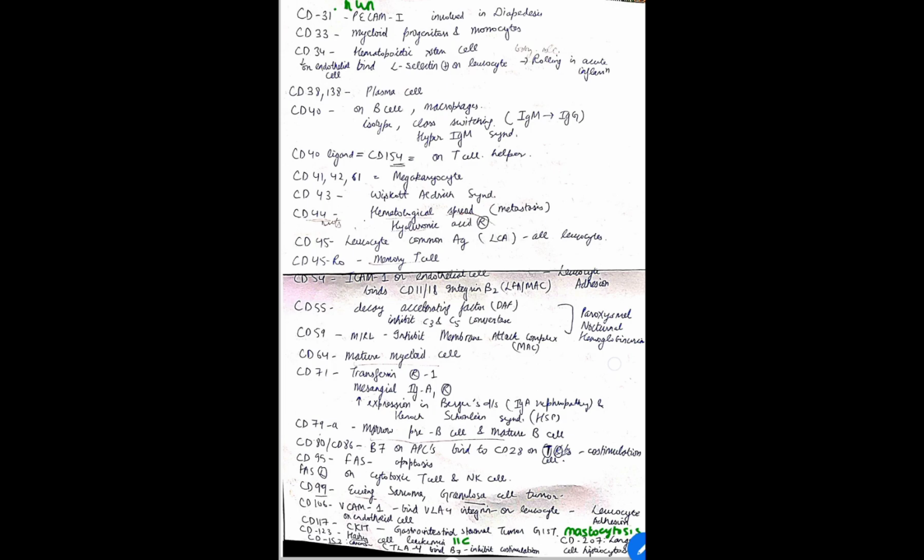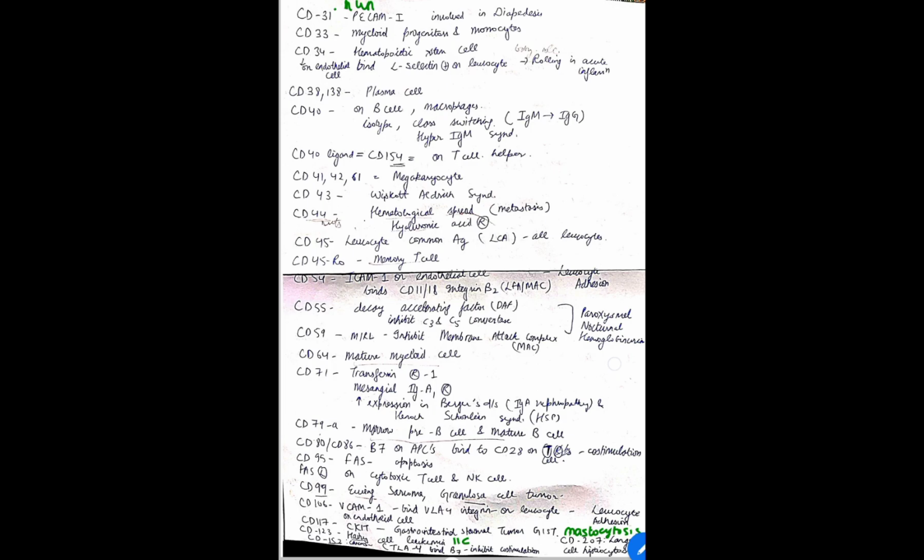Then the other antibodies are formed by class switching from those antibodies only. So IgM to IgG transformation occurs with the help of CD40, and CD40 is present on the B cell, but CD40 ligand, that is equal to CD154, is on the T cells or the T helper cells.